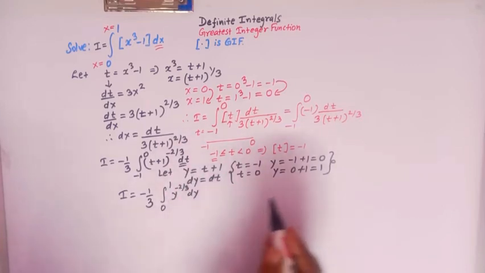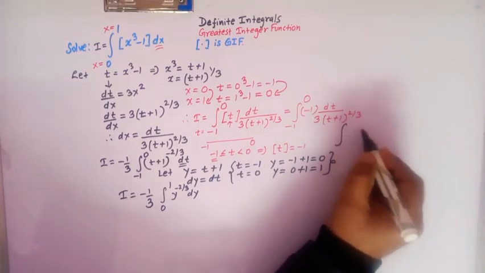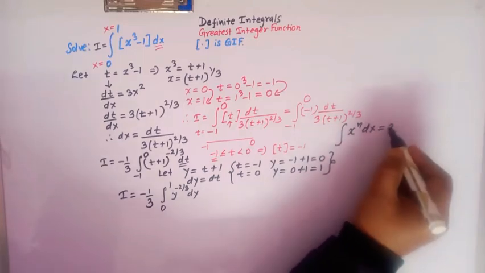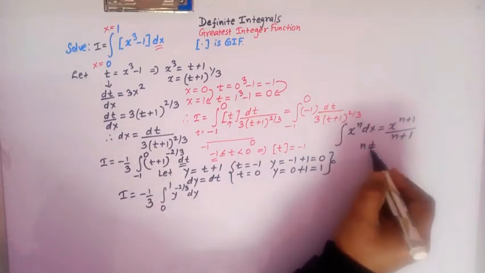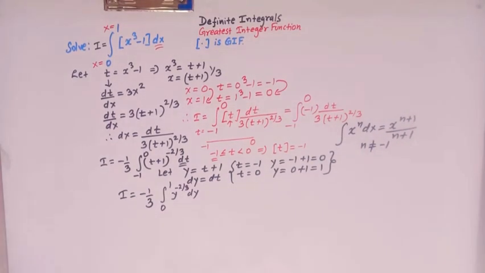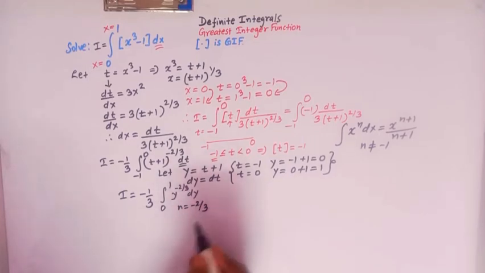Now here we can apply the famous formula, that is the integral of x raised to n dx is equal to x raised to n plus 1 over n plus 1, where n is not equal to minus 1. So here the value of n is minus 2 over 3.